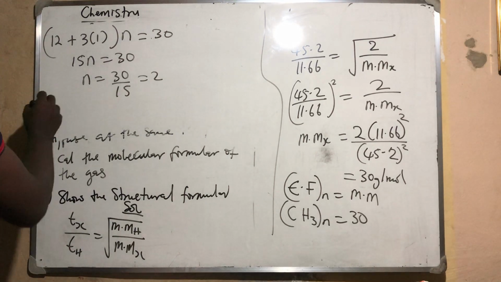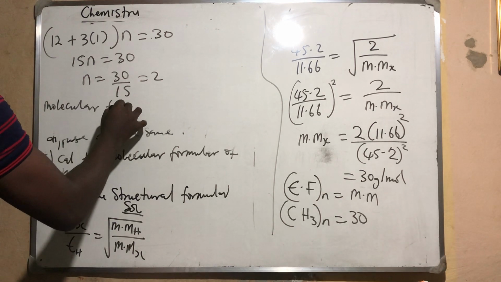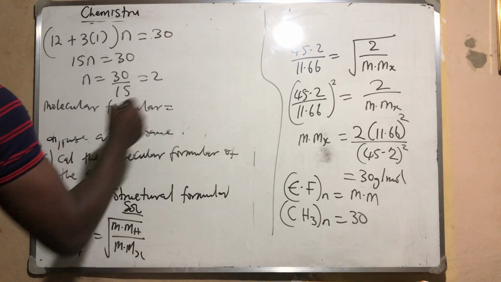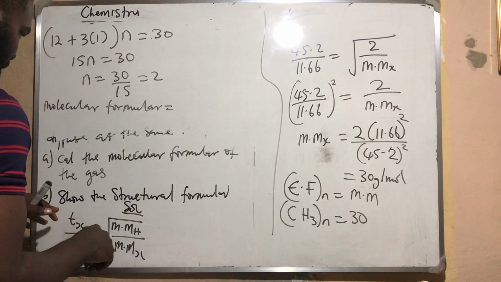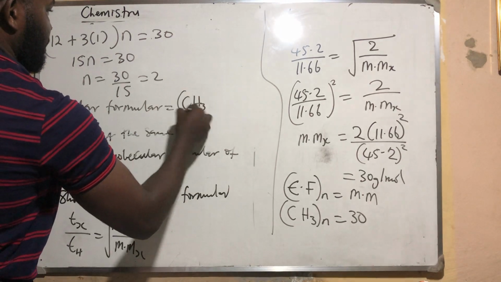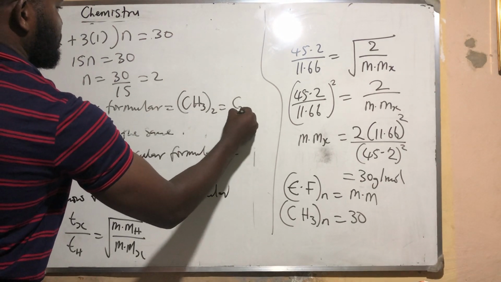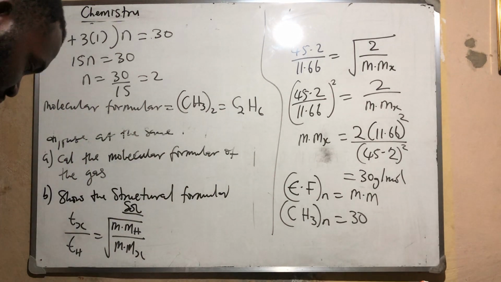So the molecular formula will now be the empirical formula in bracket of 2. The empirical formula is CH3 in bracket of 2, which is C2H6.